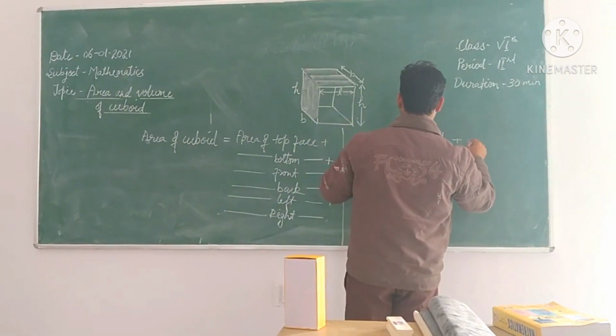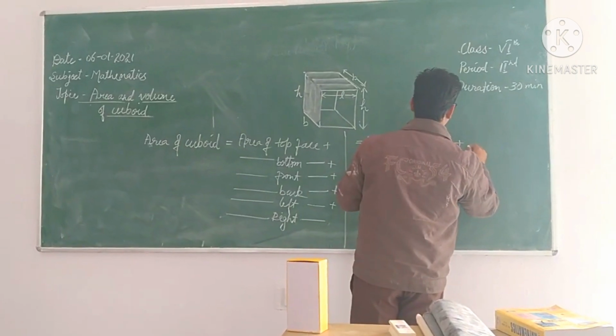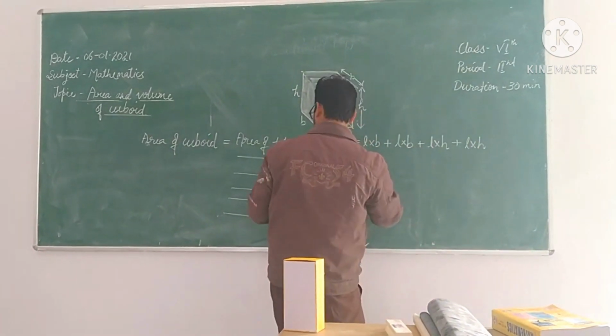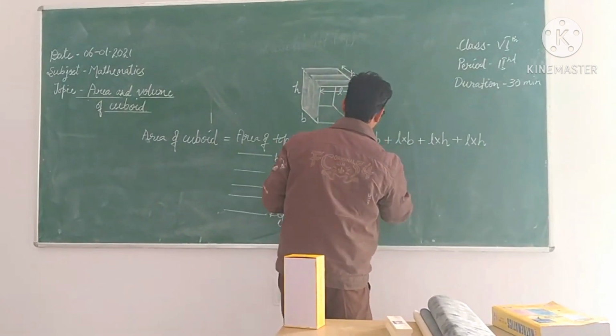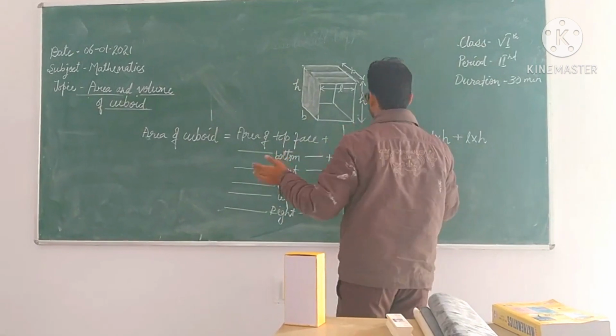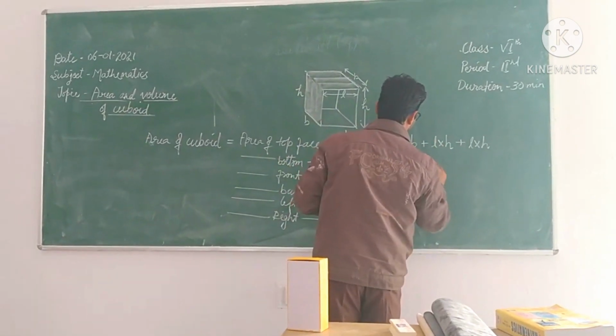Area of the back face also will be the same, length into height, plus area of left face will be H into B, and area of the right face will be the same, H into B.